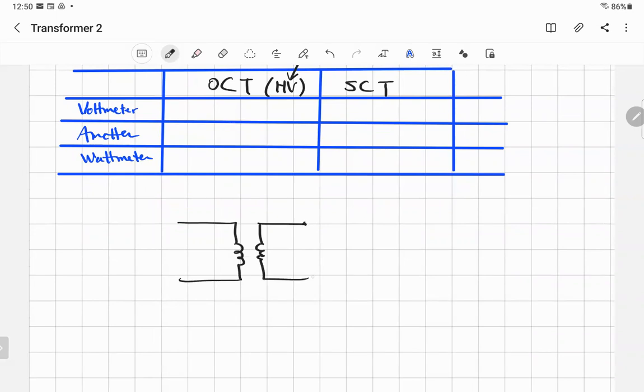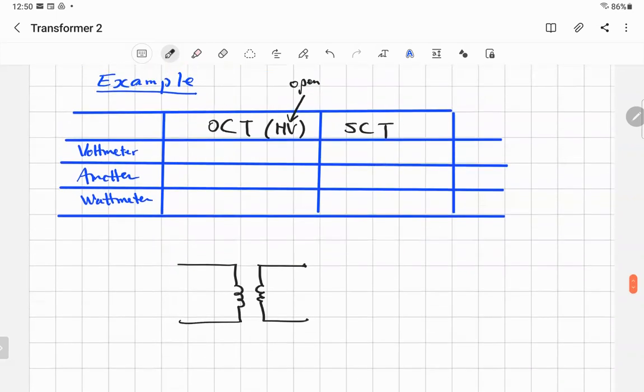That was open. That's the high voltage side, and that's the low voltage side. And then they put the instruments here: the voltmeter, and also the wattmeter at the same time.